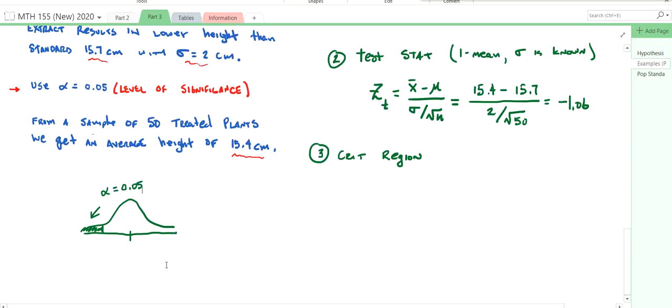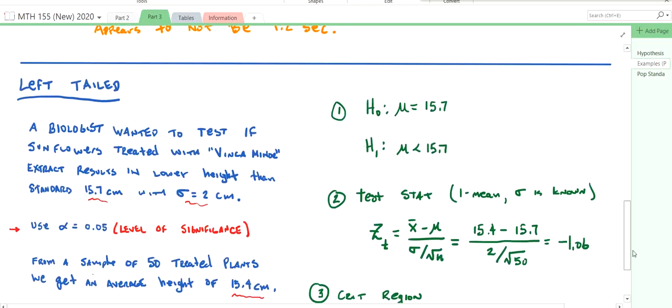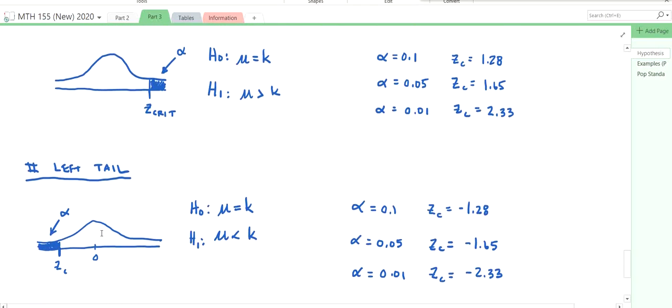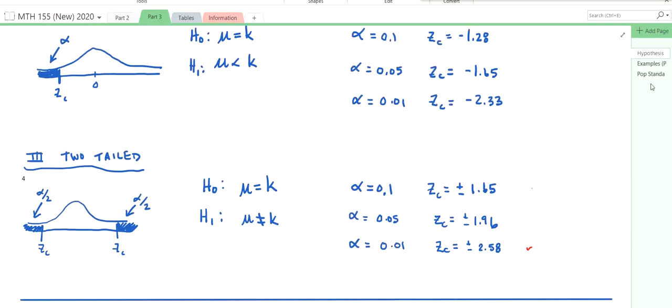To find our critical z value associated with that area of 0.05, we can go to the tables and figure it out, or we can just come back up here and look at these values that I have written down for the typical values. For 0.05, z critical is minus 1.65. So the value of the z is minus 1.65.